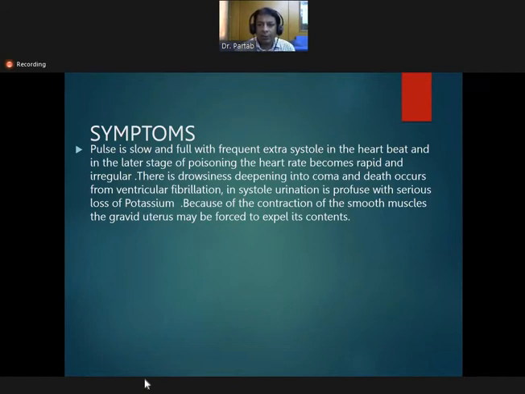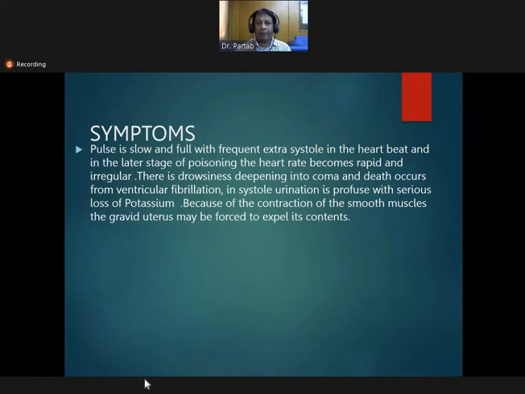In the systolic stage, the urination is profuse, with serious loss of potassium. The potassium is lost very rapidly in the urine because of the contraction of the smooth muscles. As I said earlier, it also affects the smooth muscles. So because of the contraction of the smooth muscle, there is profuse urination and very rapid potassium loss.